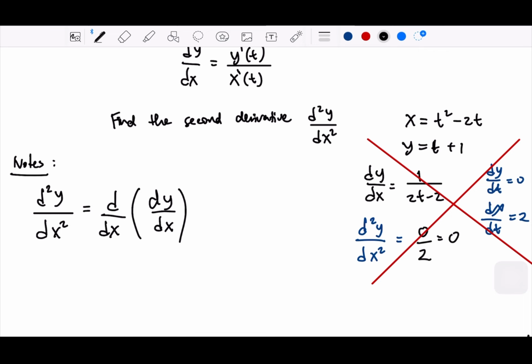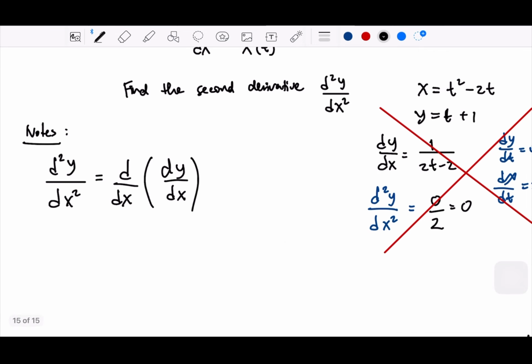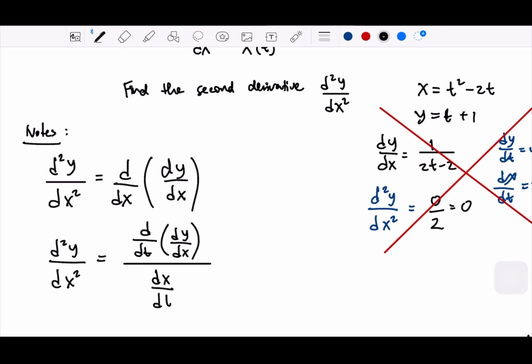So what you need to do is differentiate with respect to x the first derivative. That's the second derivative. And this d over dx, if you could imagine the chain rule one more time, this will turn out to be d dt, and this will be divided by dx over dt. Now this is correct.